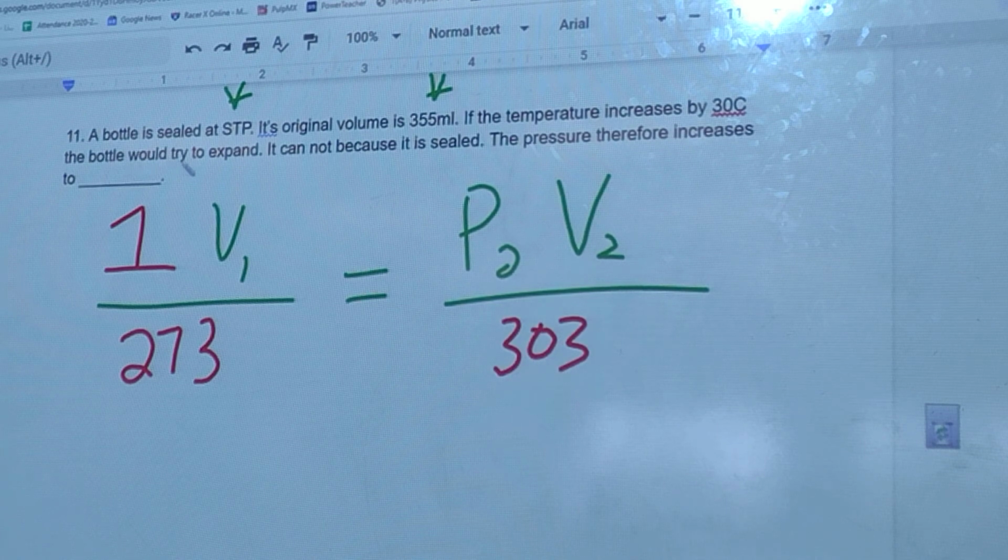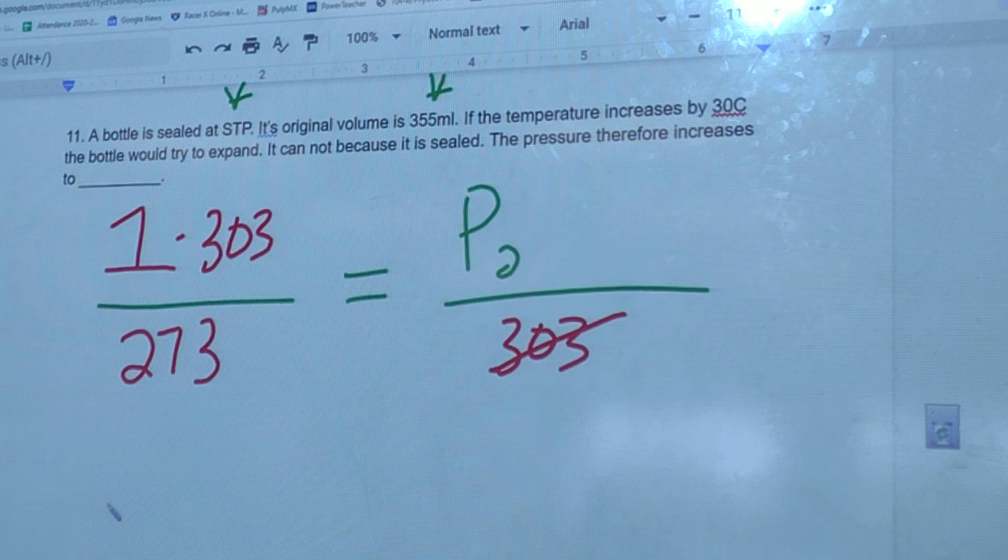The bottle would try to expand. It cannot expand because it is sealed. In other words, we don't have to use volume on this problem. The bottle can't get bigger. What is the new pressure? We're going to solve for P2. Yoink.